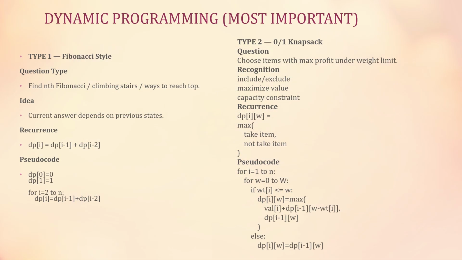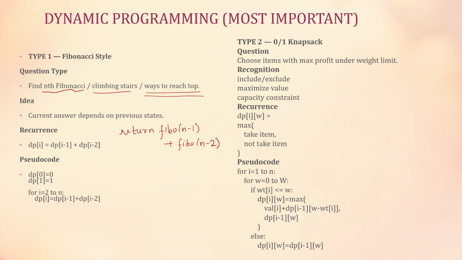Now we'll start with dynamic programming. In this, we'll solve different types of problems. First is Fibonacci style, where we have to find the nth Fibonacci, climbing stairs or ways to reach the top. Now in Fibonacci, we write the final line in a function: return Fibo of n minus 1 plus Fibo of n minus 2.